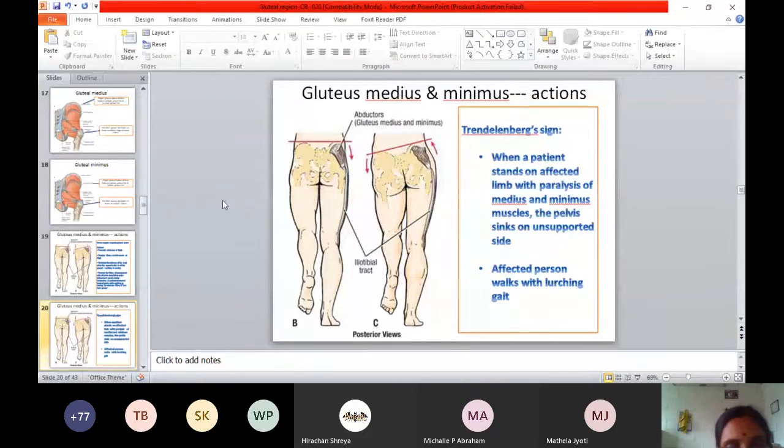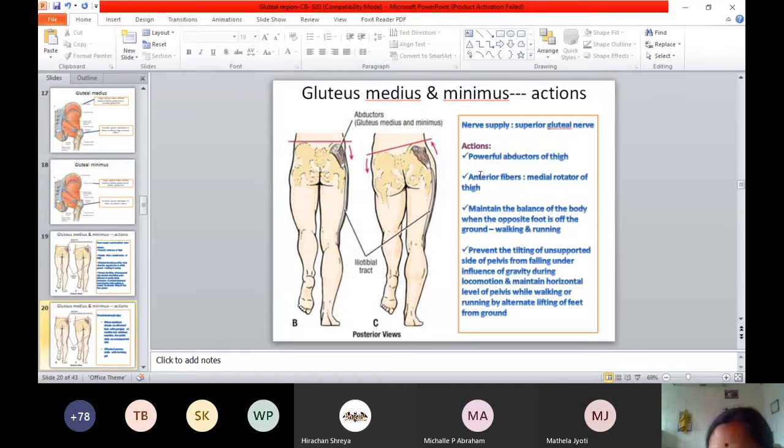Trendelenburg sign. Are you confident with the Trendelenburg sign? Yes, ma'am. Are you confident with the action of medius and minimus? What is the action? Adduction or abduction? Abduction. Very good. And what is the most important action? It maintains which level of the pelvis? Horizontal level. Yes. And what is the main point?